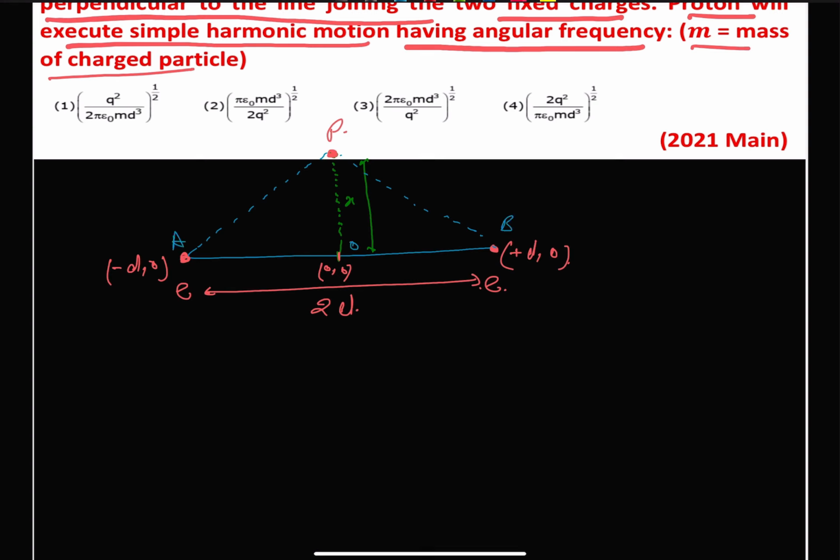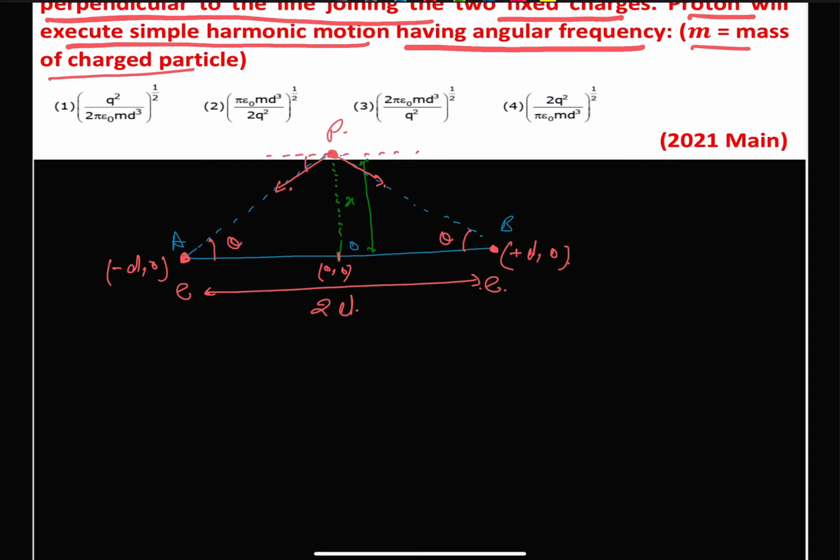And there will be force. We can assume that it makes an angle of theta with the radius vector, or we can say distance vector, and the force of attraction will be along the line, and similarly to the other side also. And if this angle is theta, so obviously we are going to have this angle theta.